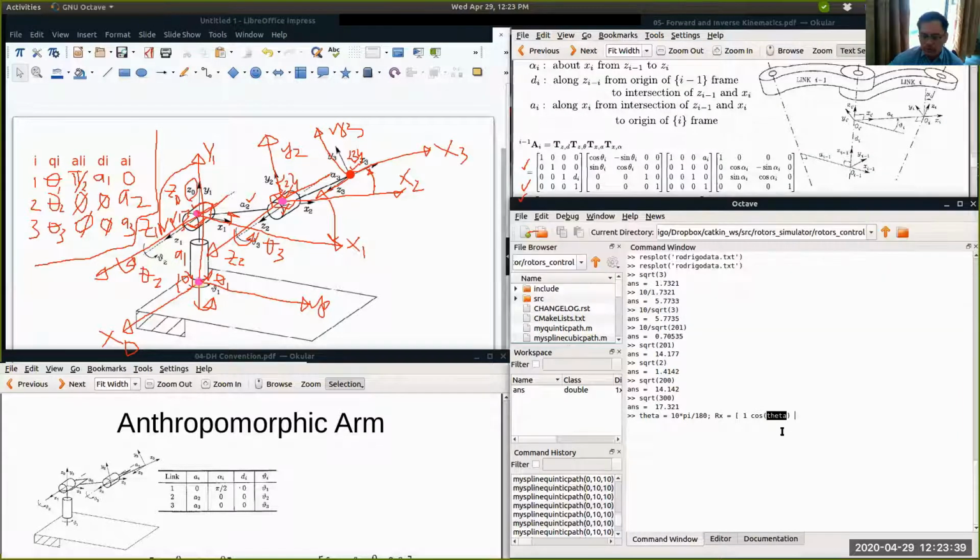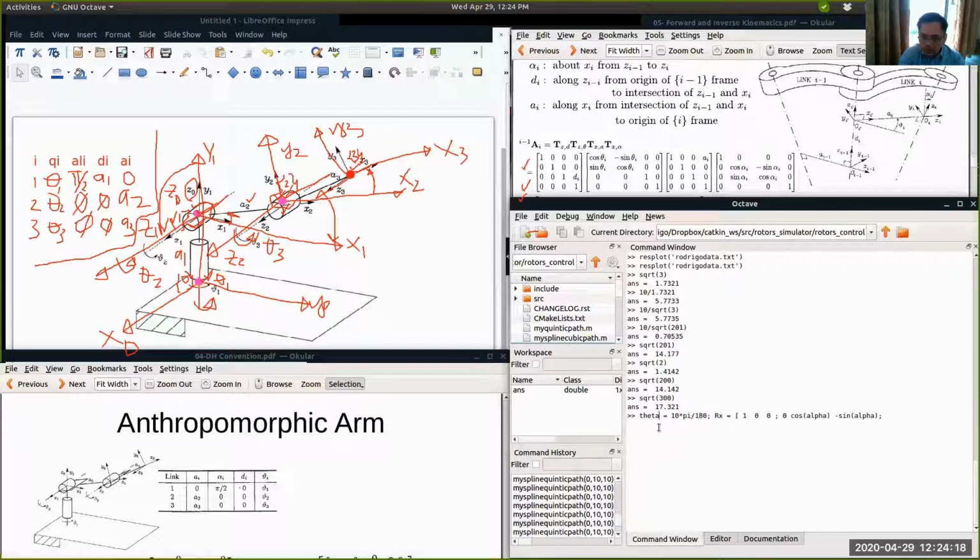So here, X is alpha. I'll use alpha here. This is 0 because this is rotation about X, that's 0 and 0. And then the other is also 0, and then cosine alpha is the middle term, and then minus sine of alpha.